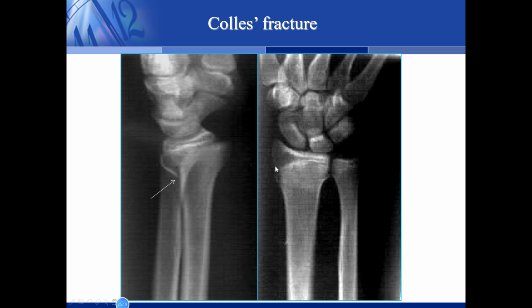Here is the distal part of the fracture, and it is displaced radially and dorsally. The fracture line is within 2.5 centimeters. So we call it Colles fracture.